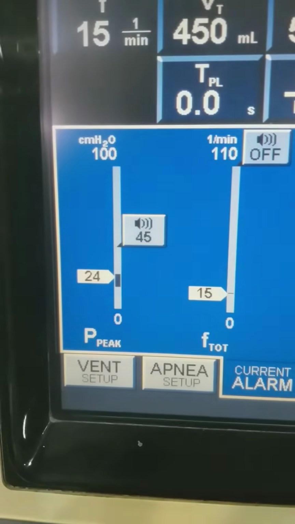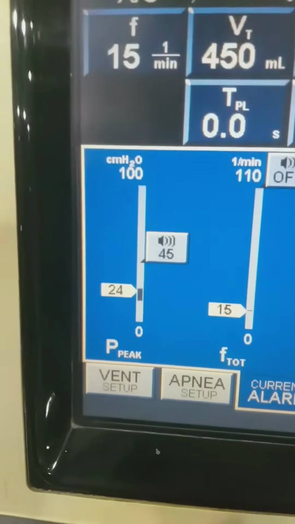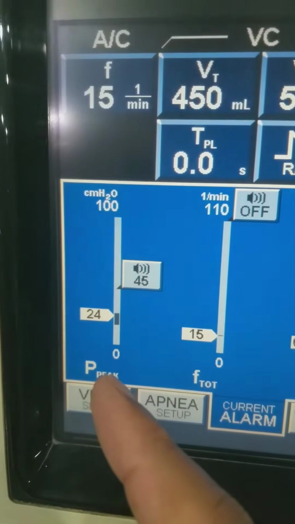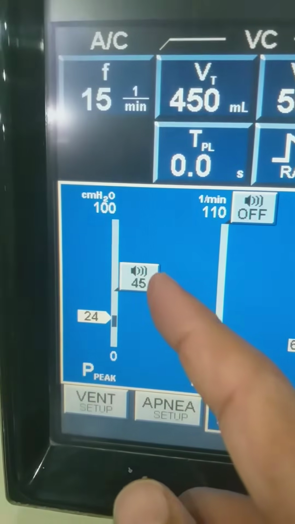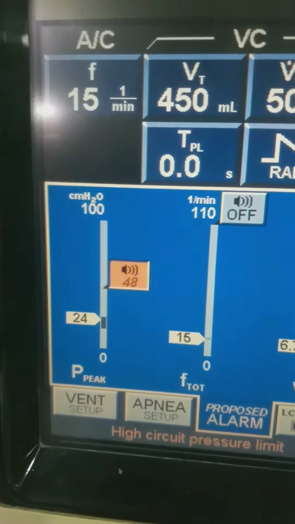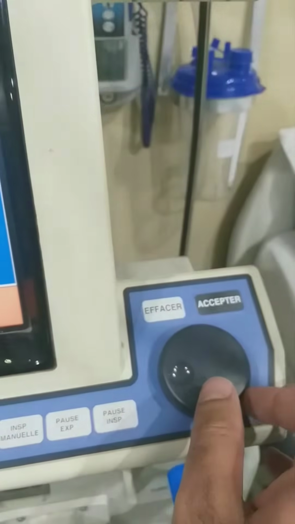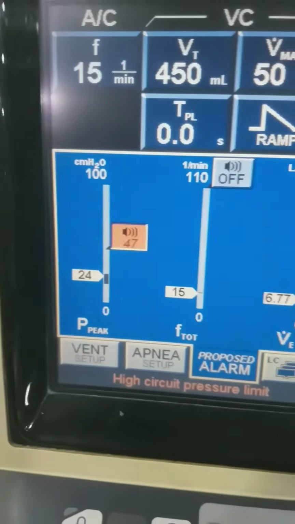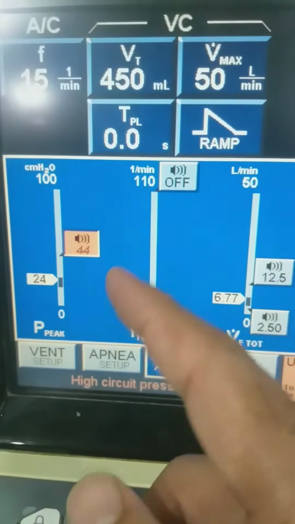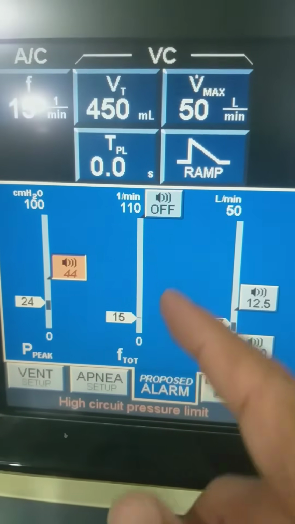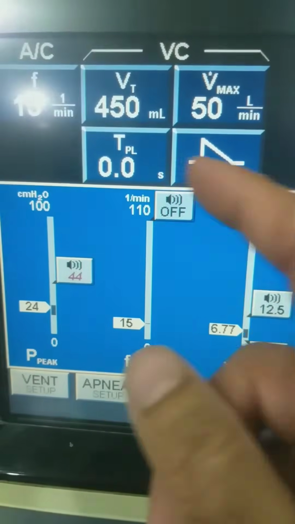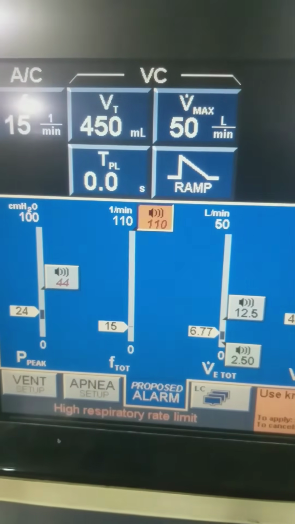So these are the alarm settings for the P peak, up and down, and respiratory rate. We can change the peak pressure setting with the help of the knob, and we can then select it. This is respiratory rate F total, the mean total respiratory rate of the spontaneous and mandatory breaths.